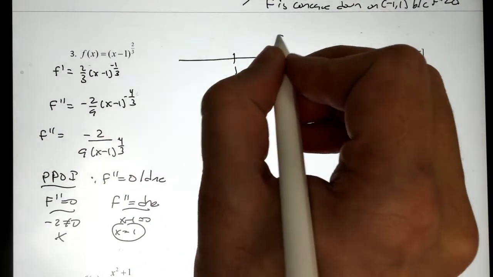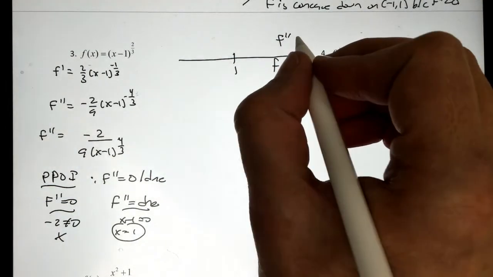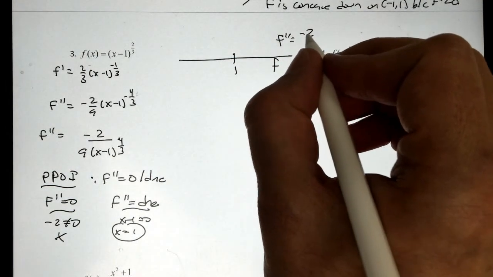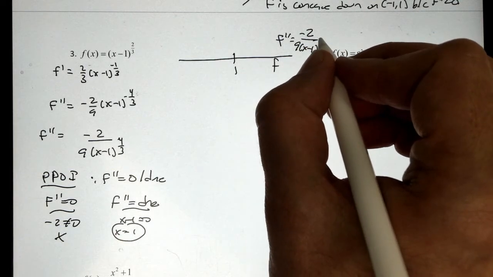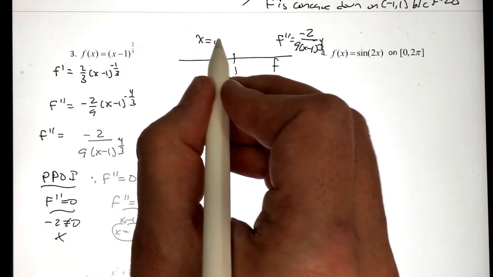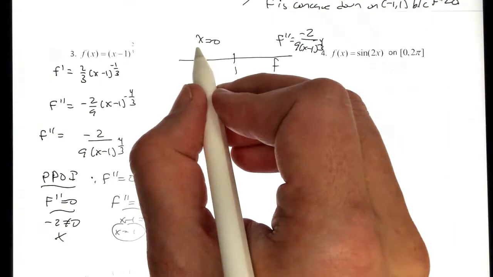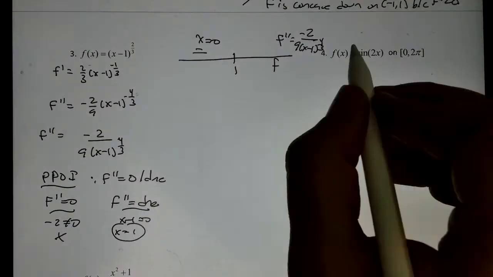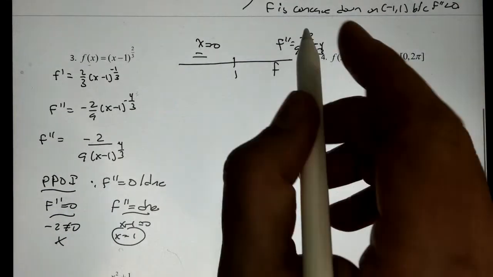There's 1, our second derivative, our function. What does it make my function look like? This becomes, remember, negative 2 over 9 (x minus 1) to the 4/3. And if I plug something in like 0 here, the top is a negative 2.